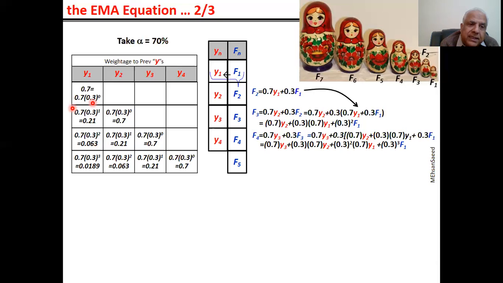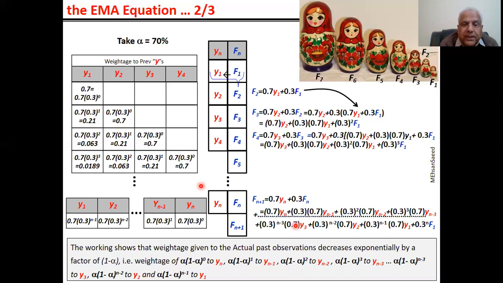And likewise, the weightage given to this is also reducing exponentially, 70%, 21%, and so on and so forth. So we can generalize this equation over here, which you need not see, but I hope the point becomes very clear as to why exponential moving averages are called exponential moving averages.